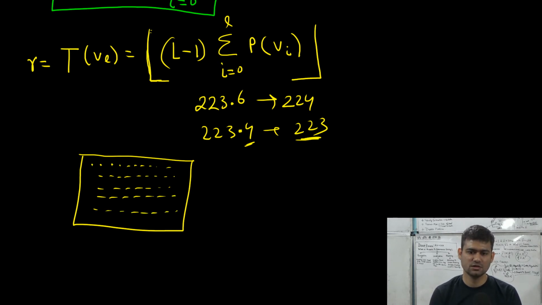We will first compute the normalized histogram of the image, that is, compute P of V_L for L equal to 0 to L minus 1, where L is the number of intensity values.